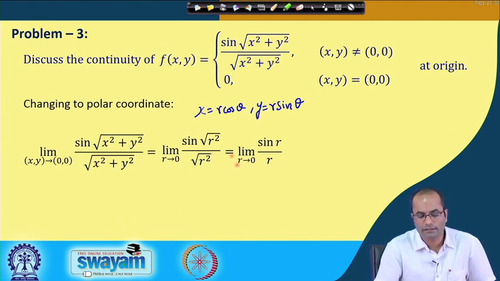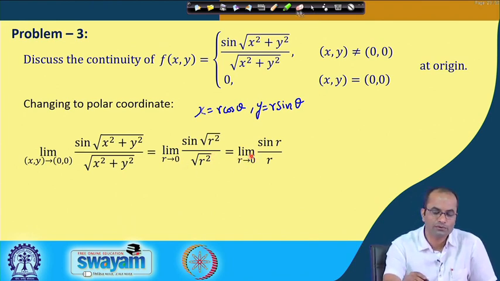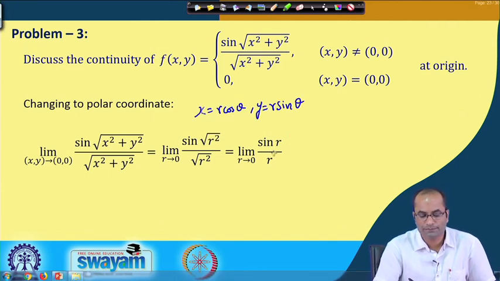So, limit of this sin r over r as r goes to 0, we have only one variable limit now. Using, for example, L'Hopital's rule, we can take the derivative of sin r, that will be cos r, and the derivative of r is 1, and the limit as r goes to 0 will be 1.